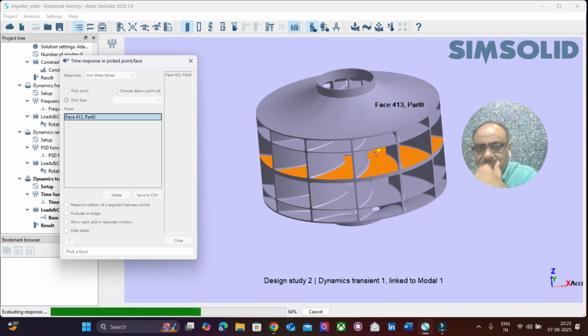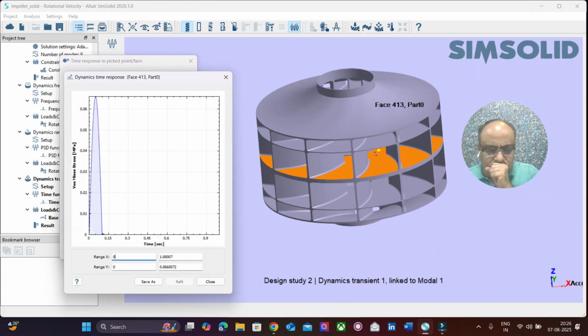Let us say the actual impeller is made by welding the plates, and then this impeller is suspended, and the modal frequencies are extracted. Based on that, some random responses are obtained with the help of excitations, and these excitations are done using a tuning fork or any other excitation procedures.